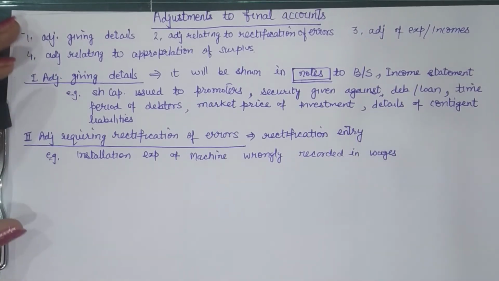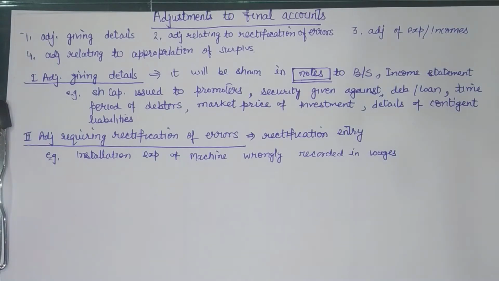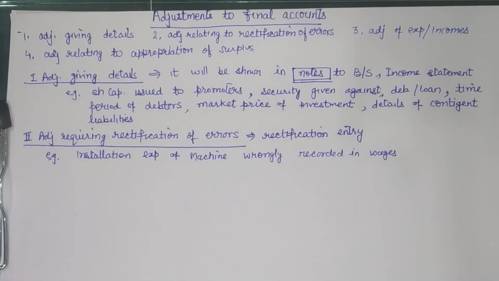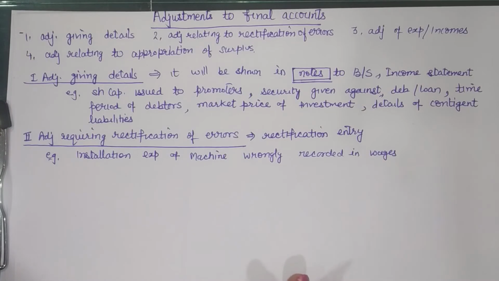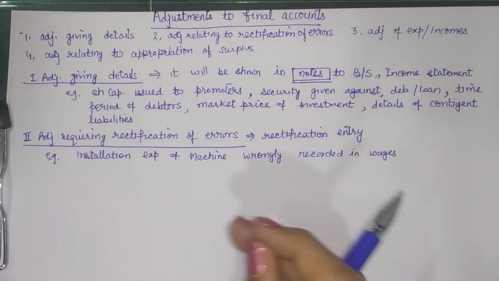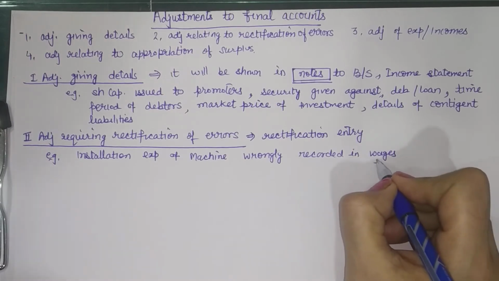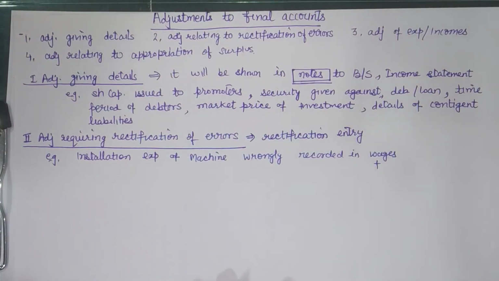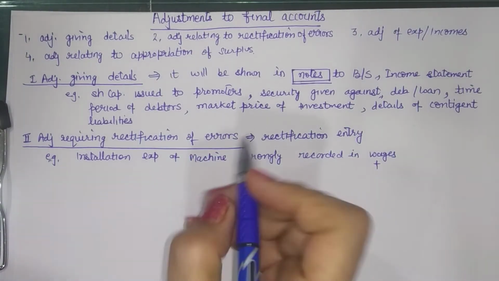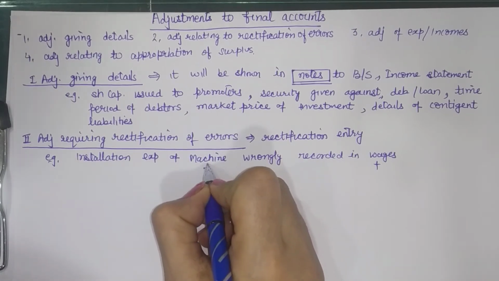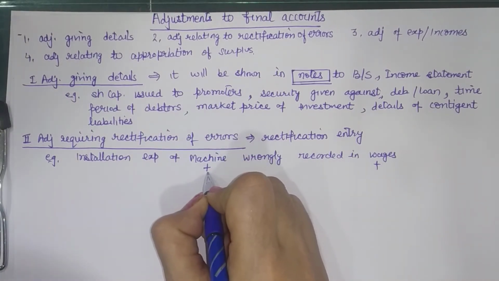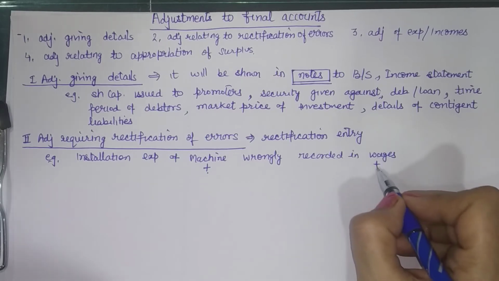So you purchased a machine, you paid for the expenses, and by mistake you have recorded them in the wages. Now if we have recorded them in wages, the effect is that you have increased your wages by this, you have debited them in wages, but in reality you should have put them in the machine account. So this is the correct procedure, and this is the mistake.